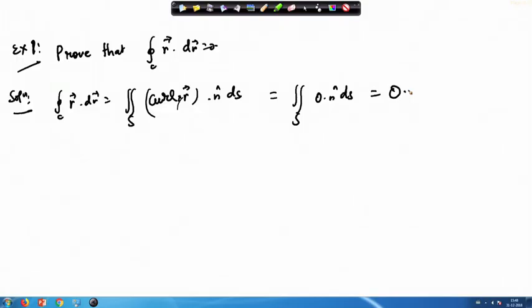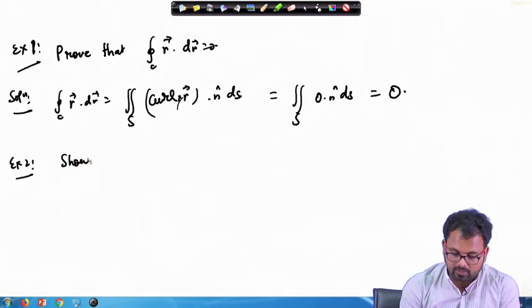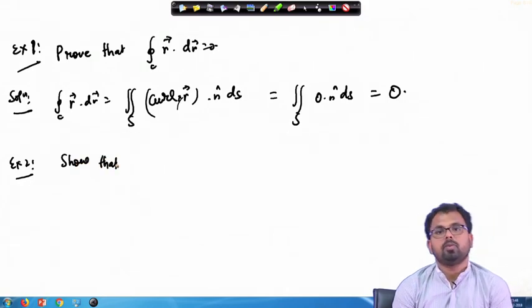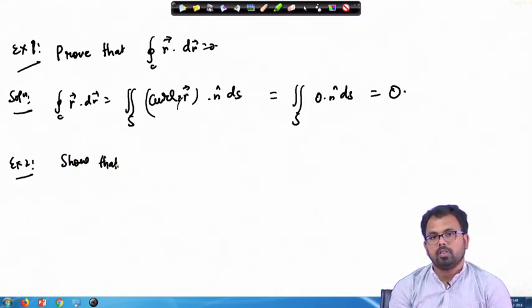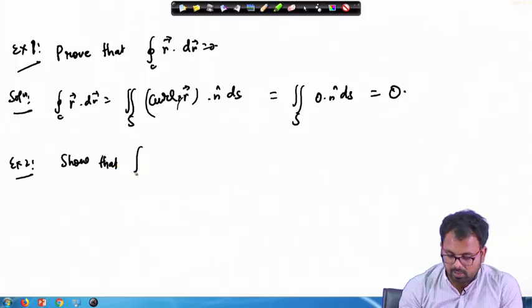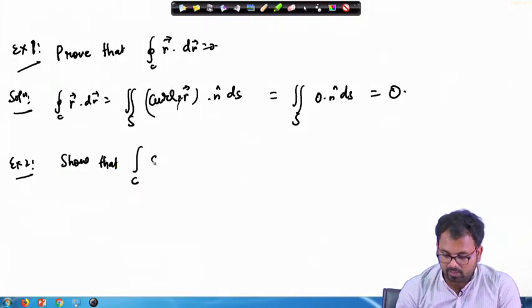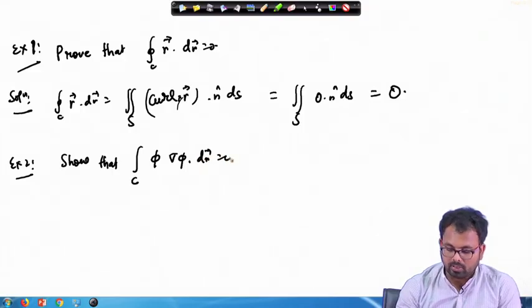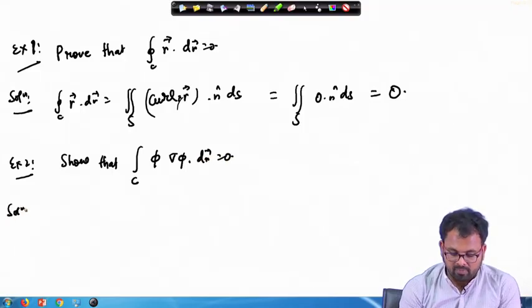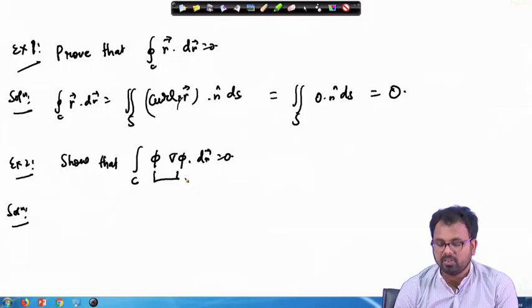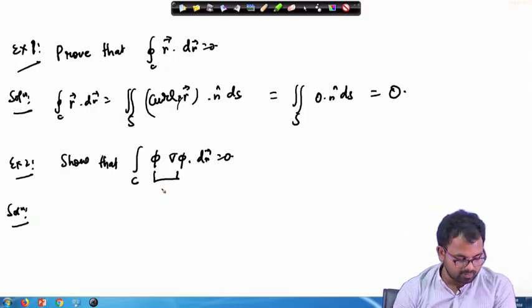Next, we can show a similar type of result. There are several show-that type of problems which you can solve with the help of Stokes theorem. Show that the line integral over the curve C of phi gradient of phi dot dr equals 0. So, our given function F is basically phi times gradient of phi.